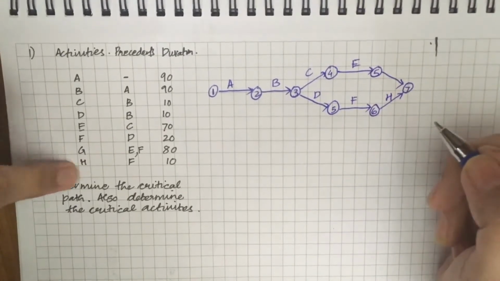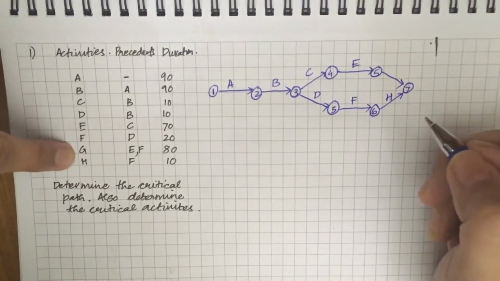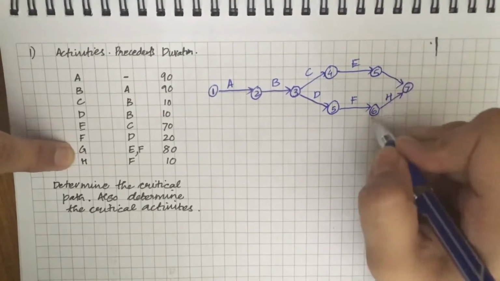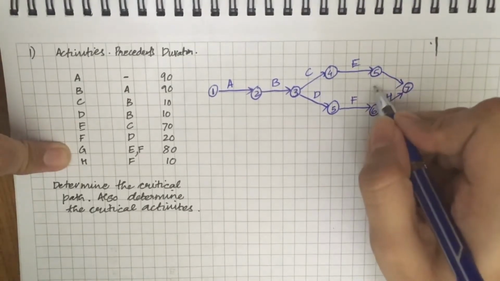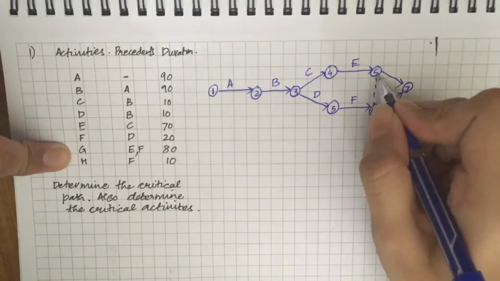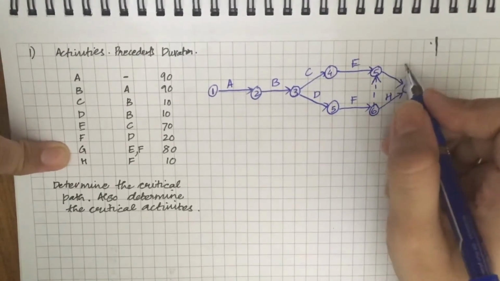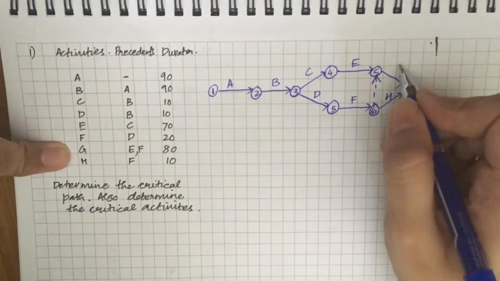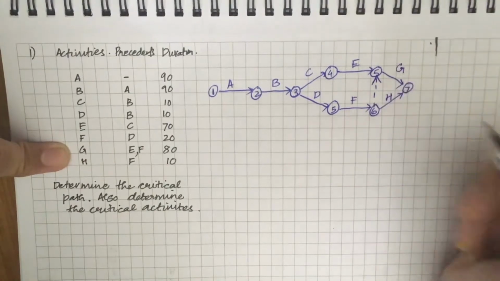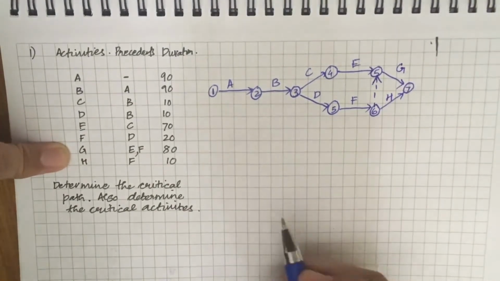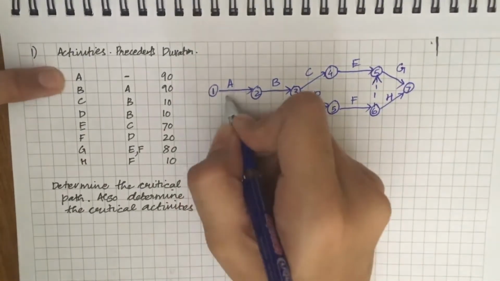And once E and F are done, you can proceed with G. Now E and F have to be joined with one dummy activity. Now we'll write down the durations of each of these activities.